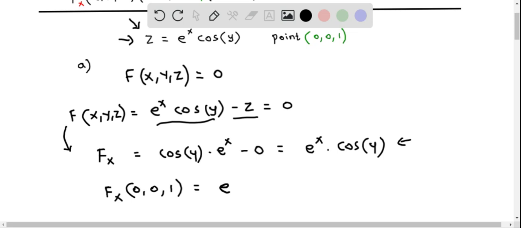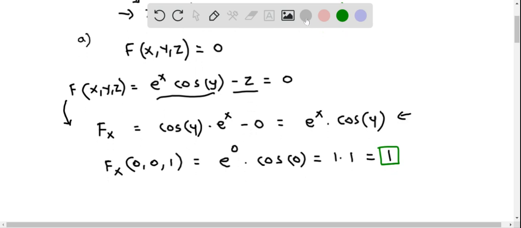So replace x by 0 and y also by 0. So it becomes e^0 times cosine 0. e^0 is 1 and cosine 0 is also 1. So therefore this becomes 1. So we have evaluated the partial derivative of f with respect to x at the point, and it equals 1.